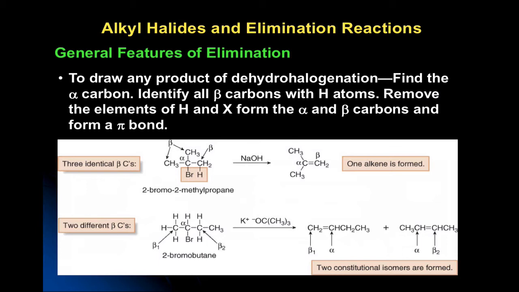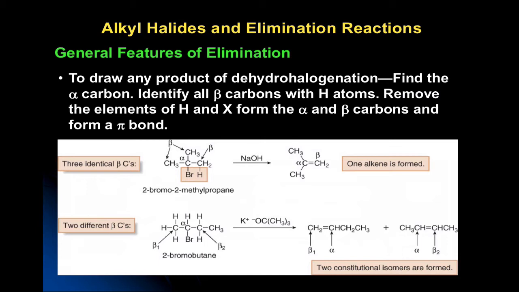But in this case, where we have tert-butyl bromide and sodium hydroxide and maybe some heat, we can form an alkene. There's only one alkene that can be formed, because all of these beta carbons, even though I've got 1, 2, 3 of them, are identical.